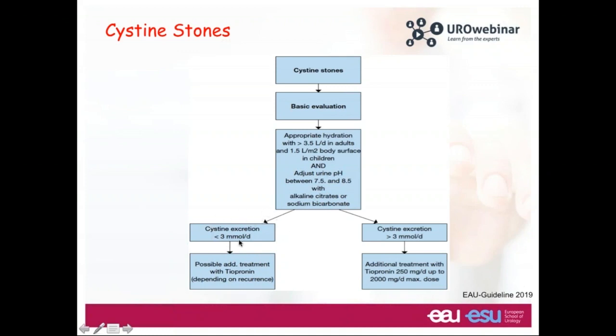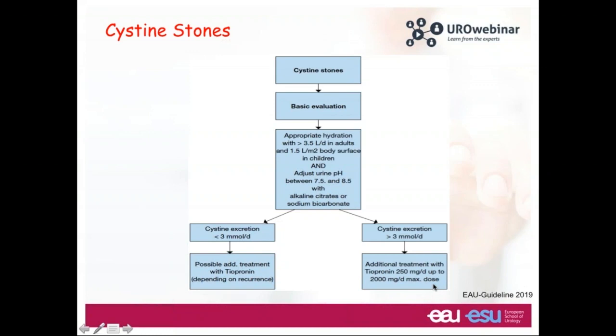If it is less than 3 millimolar per day, then you may give chelating agents like tiopronin. If it is more than 3 millimolar per day, then you have to give tiopronin starting from 250 milligrams per day up to 2000 milligrams per day maximum dose.